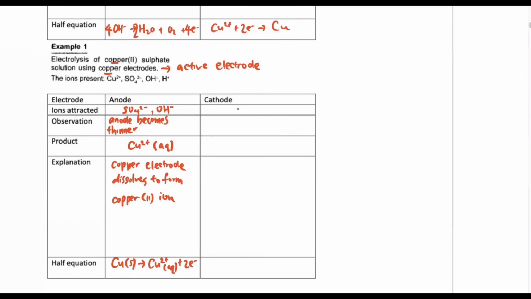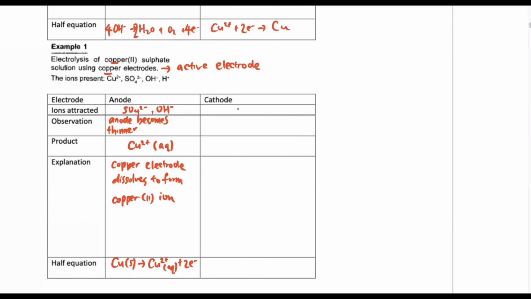What happened is the copper 2 ions are reduced to form copper metal, which deposits on the cathode.